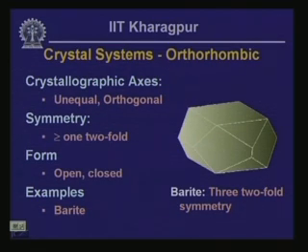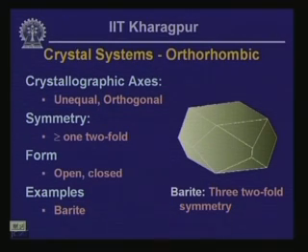Then we considered the tetragonal family, where we had an orthogonal set of crystallographic axes, the angles between them were 90 degrees as well, but one of the axes was longer than the other axes. In the case of orthorhombic, all the axes are unequal, although all of them are orthogonal to each other. That means here again all the axes are at 90 degrees to each other, but all the axes are unequal.